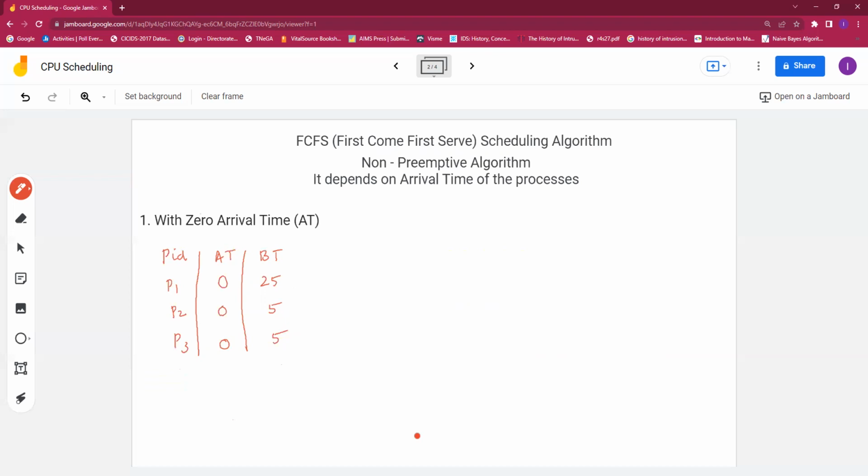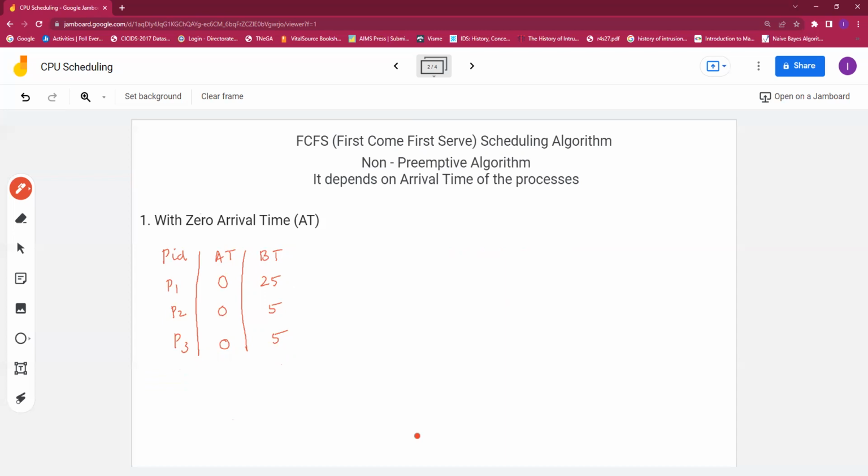Whenever a higher priority process comes in, it is not going to suspend the currently running process. It will let that process finish its execution. Once it finishes, only then can the next process go in and execute. That's why we call this a non-preemptive algorithm.